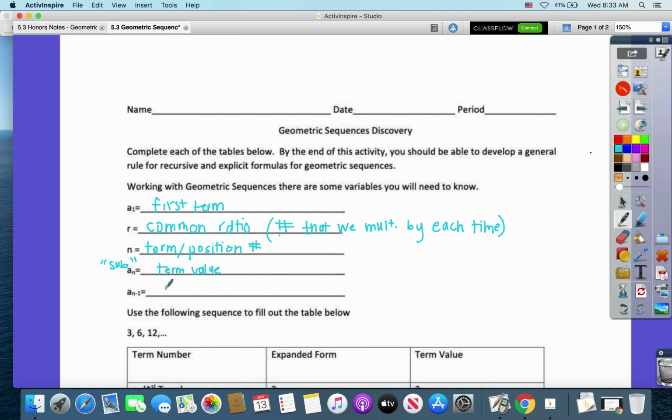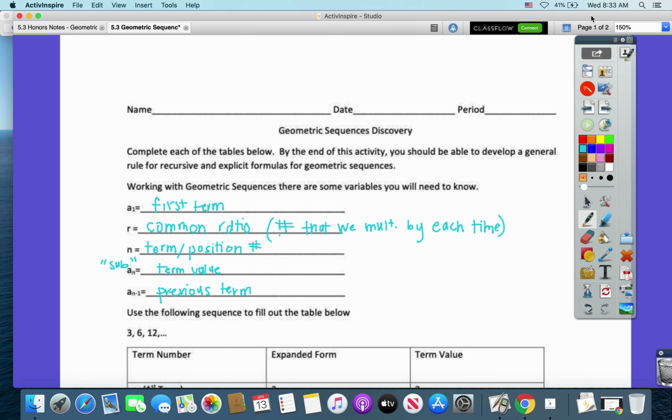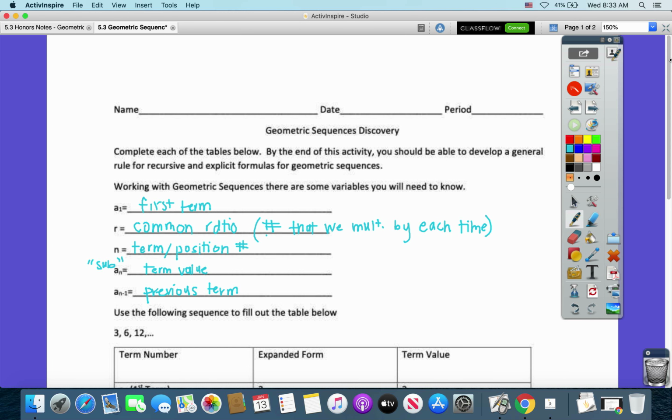And then a sub n minus 1, we think of that as the term before n, or we use the words the previous term. Okay, so just like we needed these to come up with our rules for arithmetic sequences, we're going to use these to come up with our rules for geometric sequences.